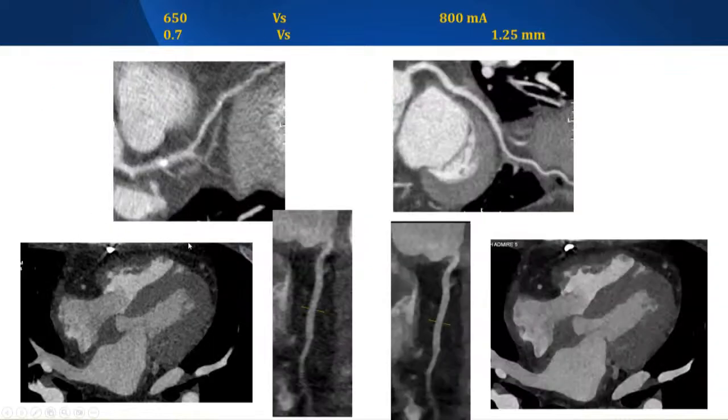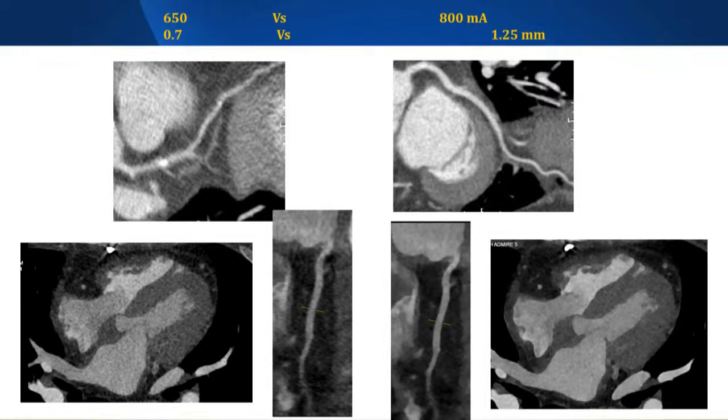This is just another example. On the left-hand side, we use 650 mA versus 800 on the right-hand side, and thinner slices versus thicker slices, as you can see. It's more grainy, but you see more detail, more contrast and edge detection, but you kind of lose the granularity of, for instance, the trabeculation.